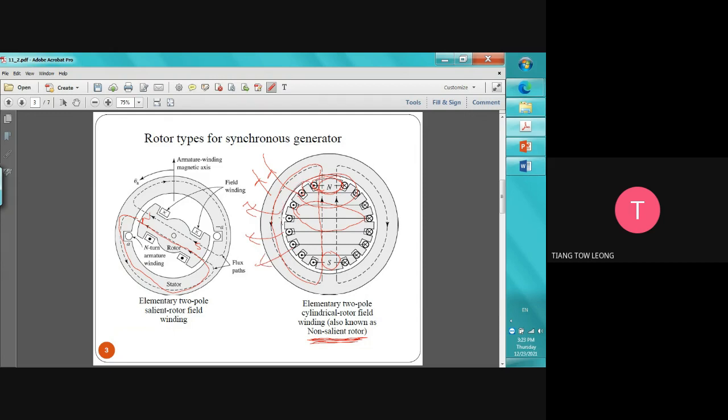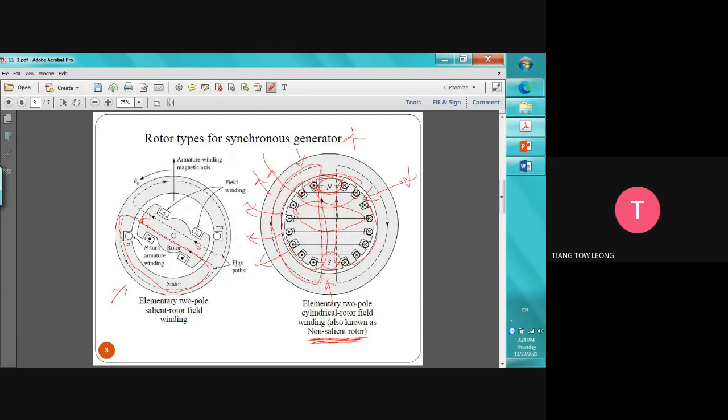In this part all the current is going out, in this part all the current is going in. By using the right hand rule, the field is created to the top as a north pole, and the bottom will be the south pole. Eventually the flux path is the same as here, just that the motor construction is different.